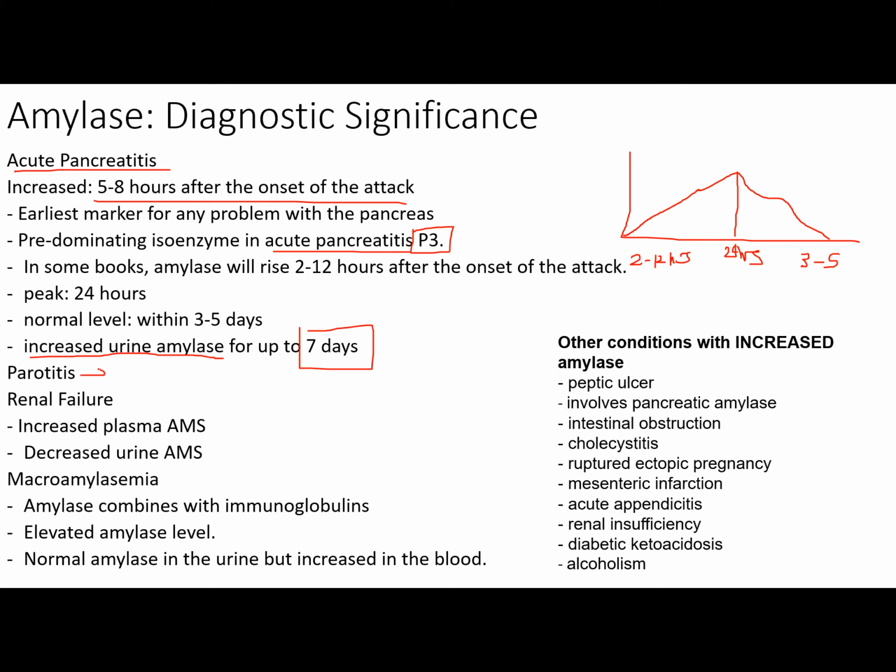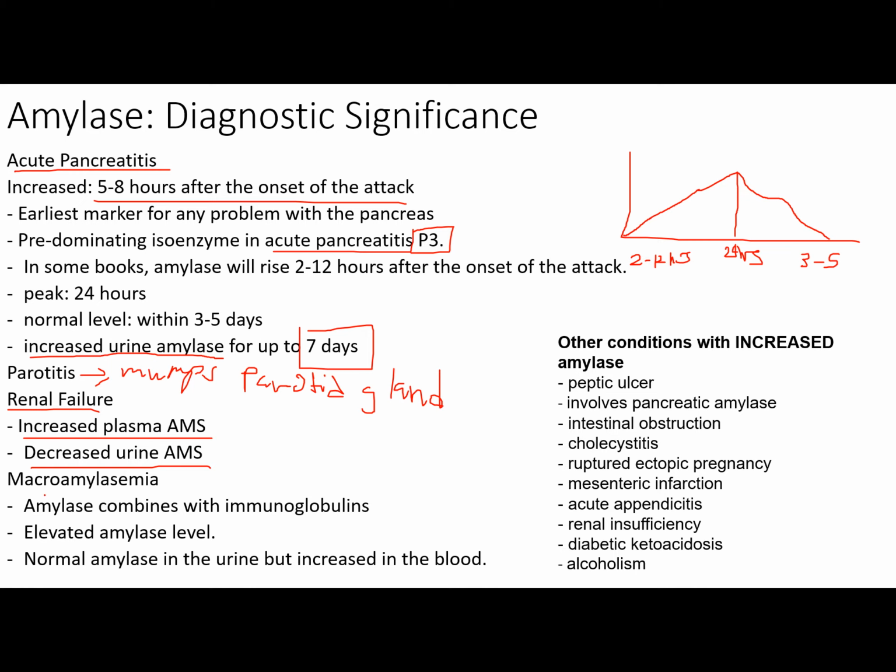Parotitis is usually seen in mumps. The parotid gland becomes swollen or inflamed. So if you have an inflamed parotid gland in mumps, you would have increased amylase also. In renal failure, you would have increased plasma amylase and decreased urine amylase.